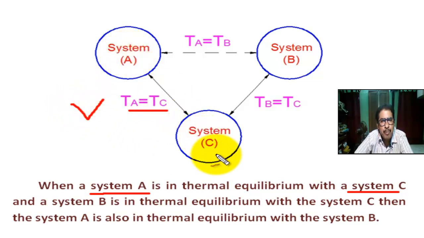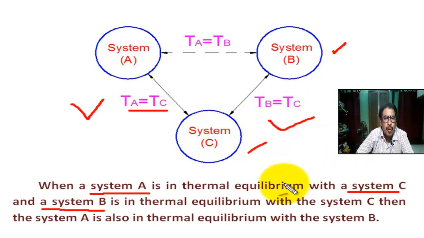System A is in equilibrium with system C, and system B is in equilibrium with system C. That means TB equal to TC. Okay.